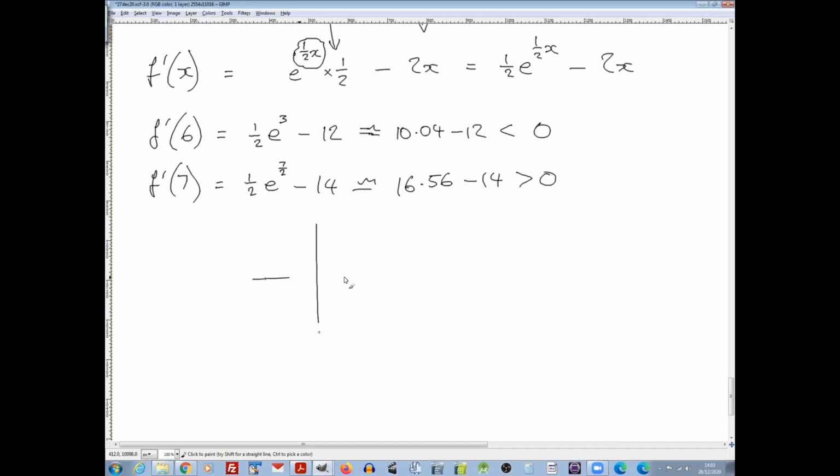If that's x and this is f dashed of x, so we're looking at the gradient function itself, then apparently between 6 and 7, what's happening with the graph? There's a stationary point. Oh, well, careful. I'm not talking about f now. I'm talking about f dash.